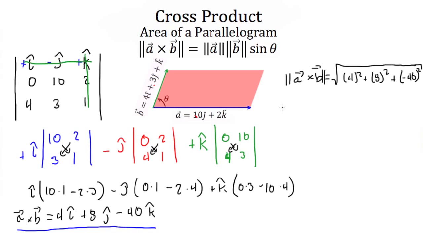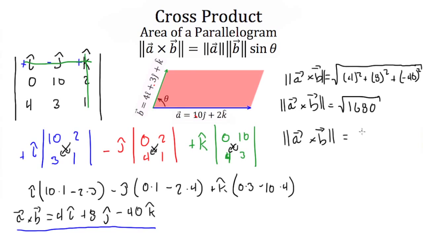That means the magnitude of vector A crossed with vector B is equal to the square root of 1,680. That also means the magnitude is approximately 41. A little bit less, but very close to 41. Which means the area of this parallelogram is approximately 41. Or you can say the square root of 1680.